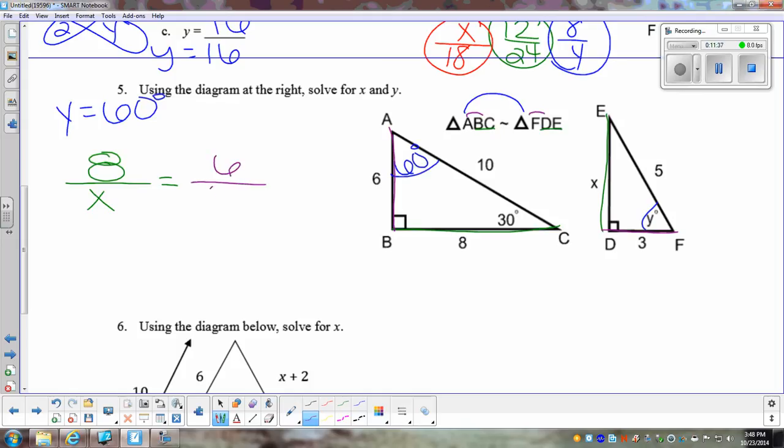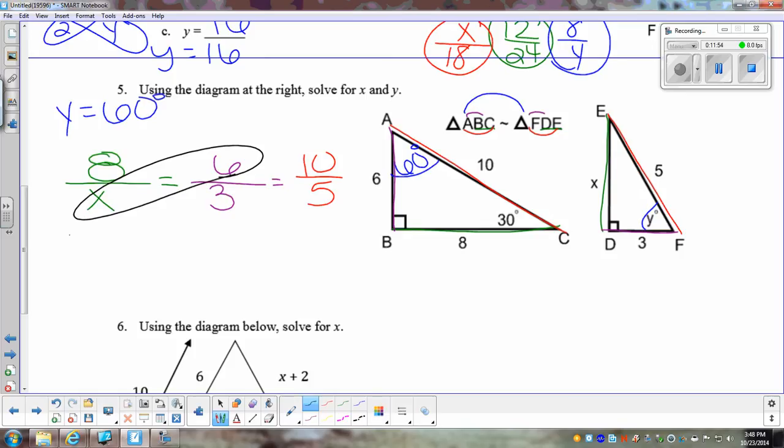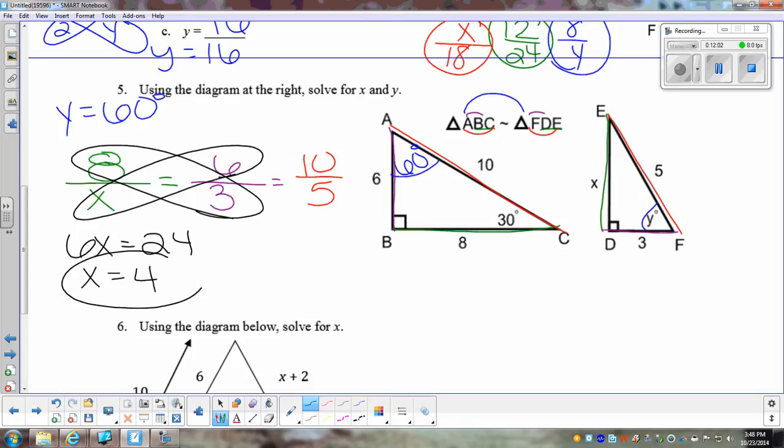So that's going to equal 6 over 3. And then AC goes with FE, which is 5. So I can pick either one of those to solve this. I'm going to pick the purple one because it's right next to it. Cross multiply. 6x equals 24. So I get that x equals 4.